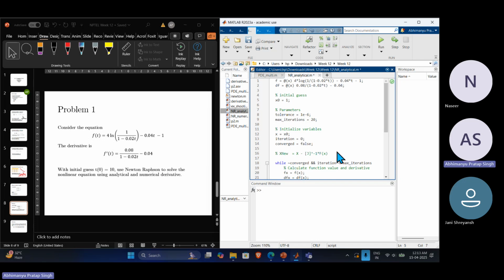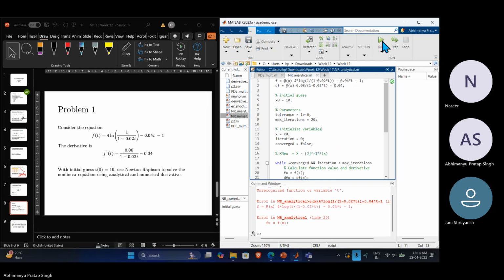Okay, I will change the initial guess. Yeah, to 10. It's a function of t, not x.